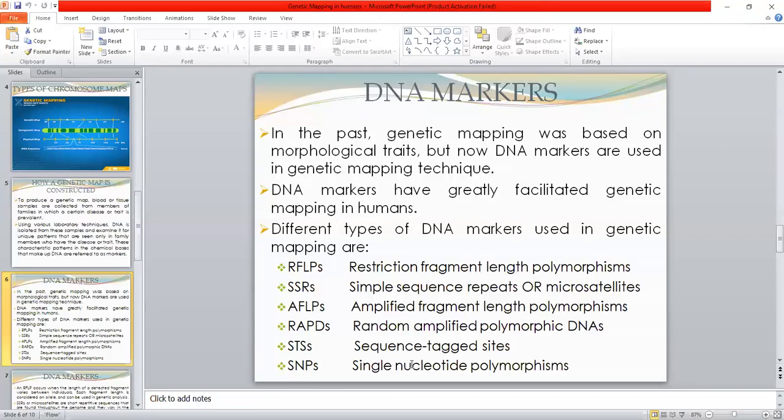SNPs have greater resolution compared to other marker systems.